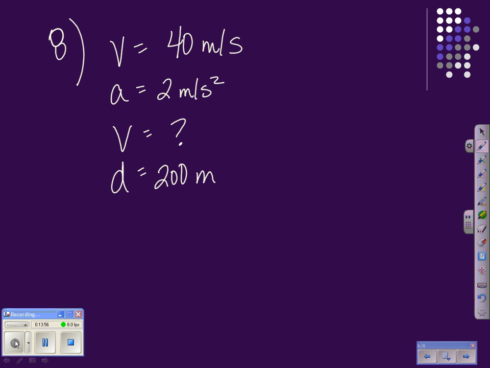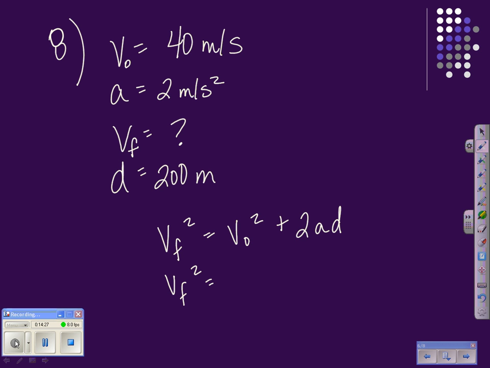All right. So 40 meters per second is what we're starting at, so that's my original, and I want to find what the speed is at the end, or the final speed. So I have to find a formula that has A and D and V's and no time. Only one formula with no time: VF squared equals VO squared plus 2AD. All right.